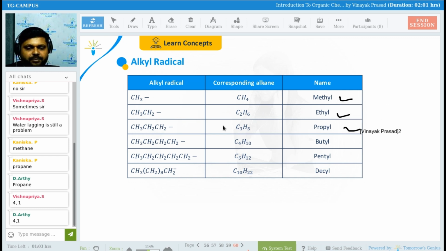Methyl, ethyl, propyl, butyl, pentyl, decyl. If 10 carbon will be there, it will be what? Decyl. So one hydrogen less than the number of hydrogen required in the carbon chain will be called as what? Alkyl group. Is it okay? So based on the number of carbon, it will be methyl, ethyl, propyl, butyl, pentyl, decyl.